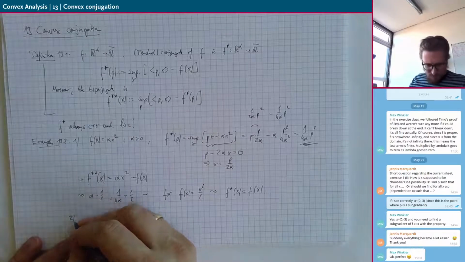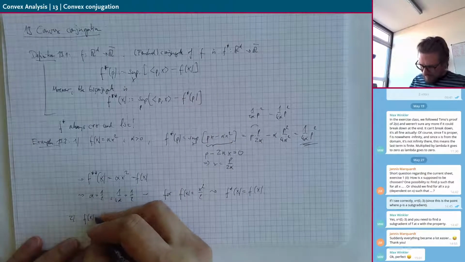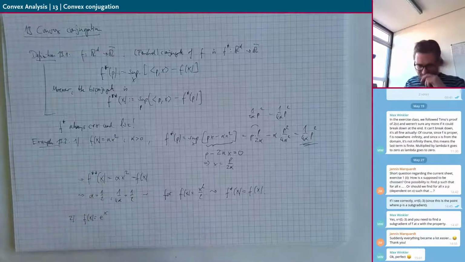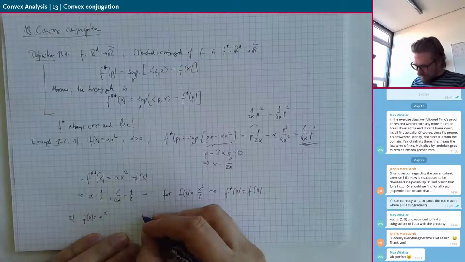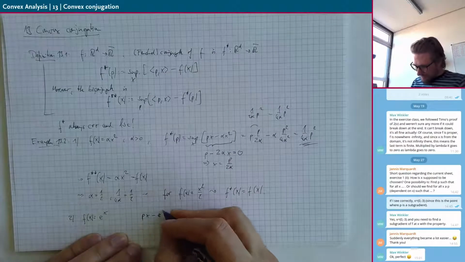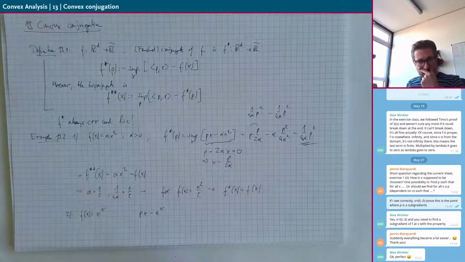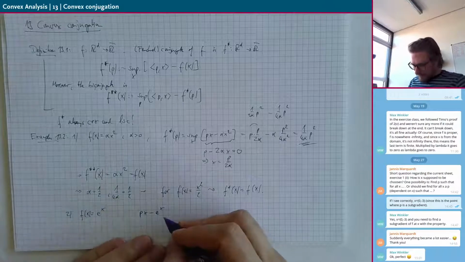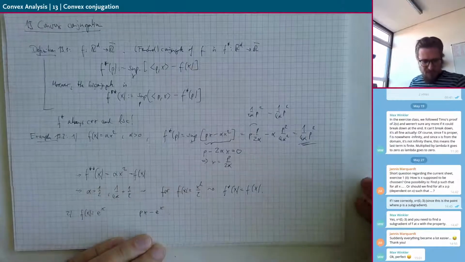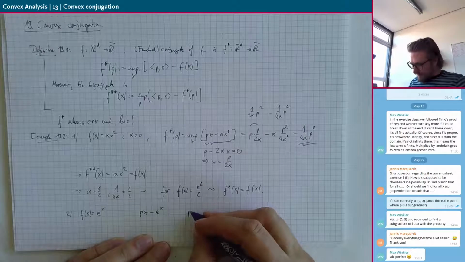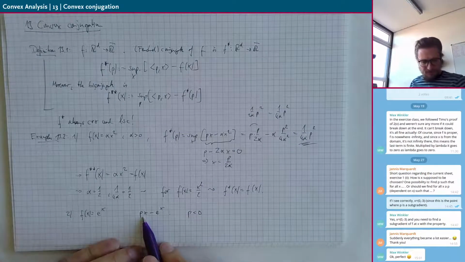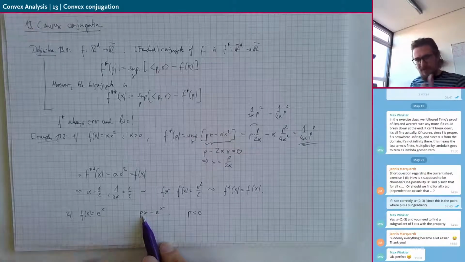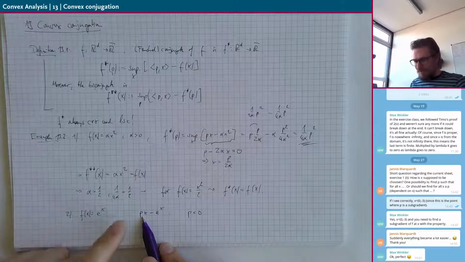So here's another example. What about f of x is the exponential function e to the x? Okay, so what we need to do here, we need to consider the function p times x minus e to the x and see where its supremum is. We do a case distinction. If p is negative, then this has a downward slope and goes to infinity for x going to negative infinity, and this goes to 0.